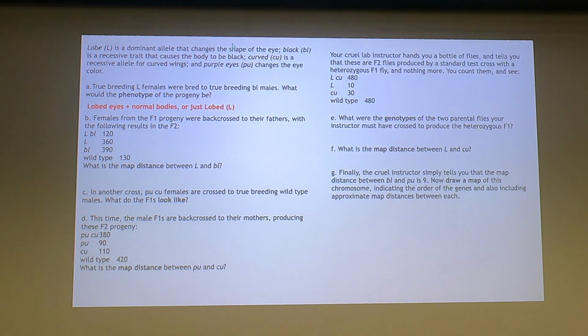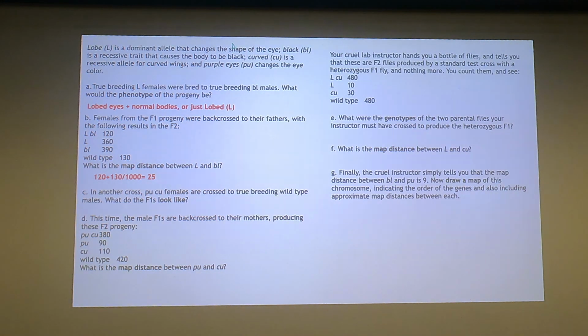So what would the distance be? 25, yes, this is good. I'm glad somebody remembered their second grade arithmetic. Yeah, so it's just that. It's that easy. All we care about is just take the frequency of the rare recombinants divided by the total, and you've got a distance.